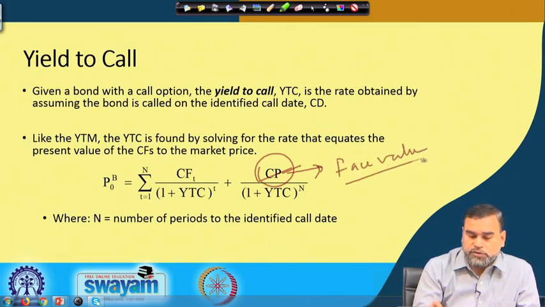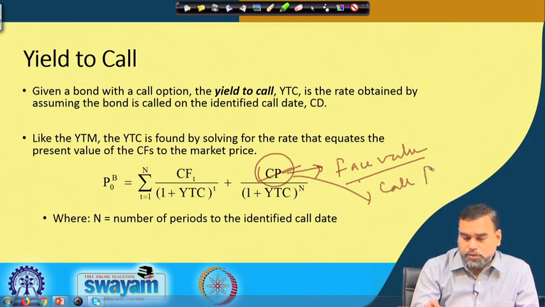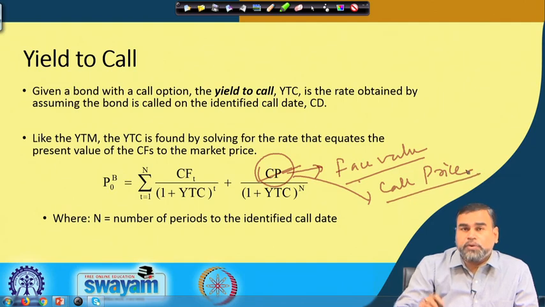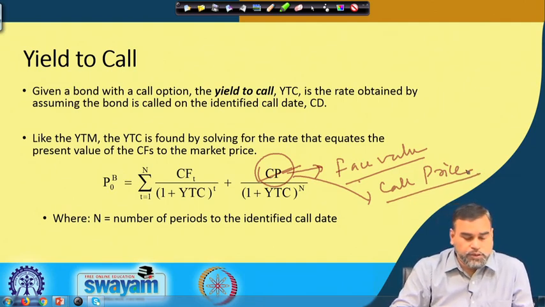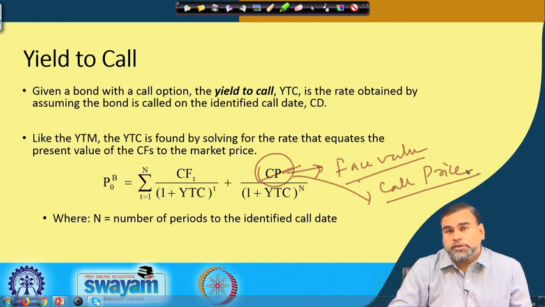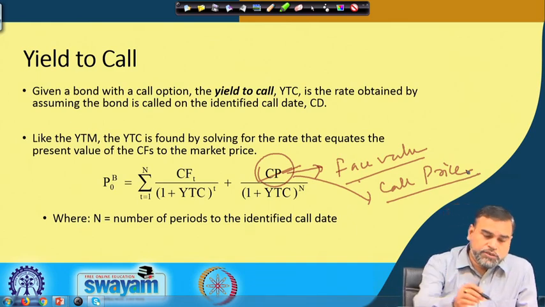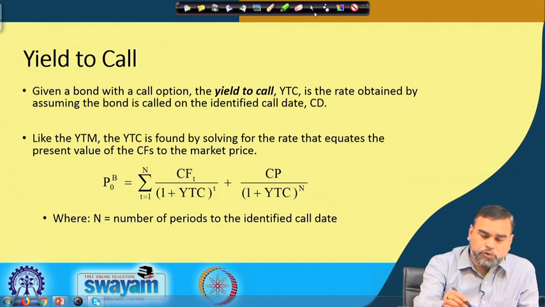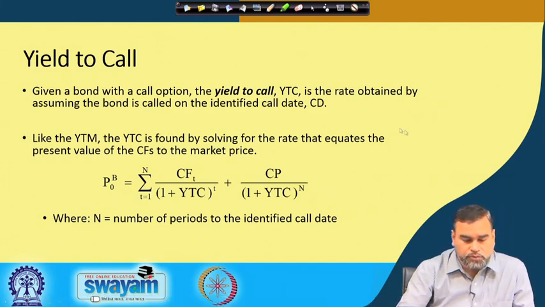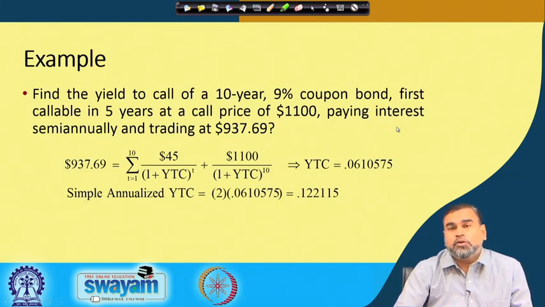The face value was considered in that case, but now it is the call price that we are considering, and n is equal to the number of periods to the identified call date. If you see this example, maybe it will be more clear how the yield to call is calculated.